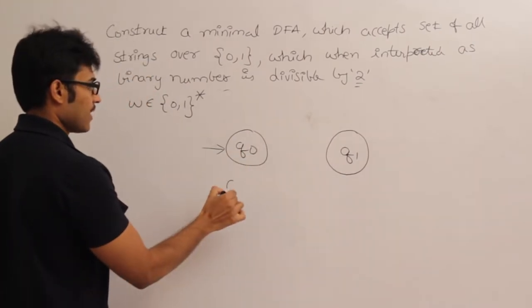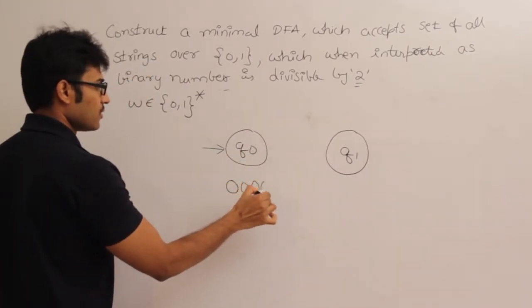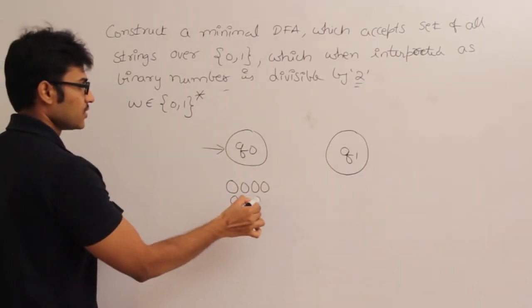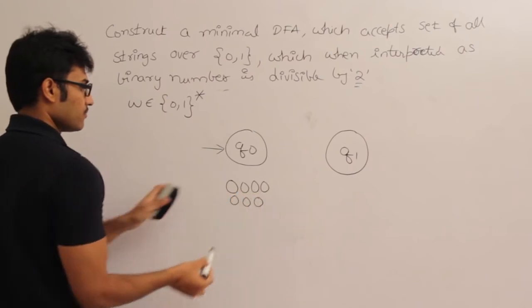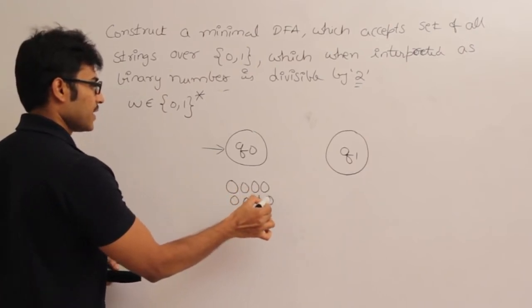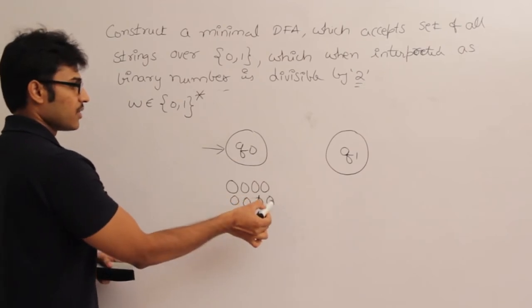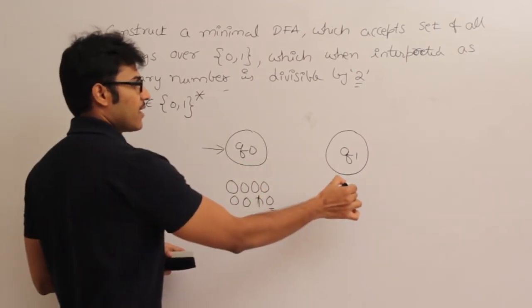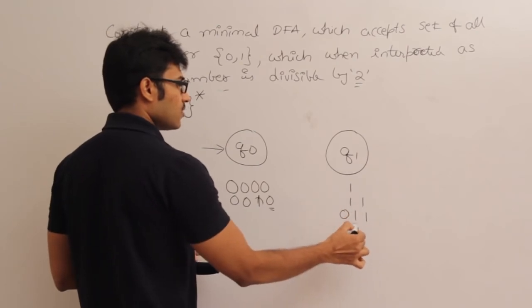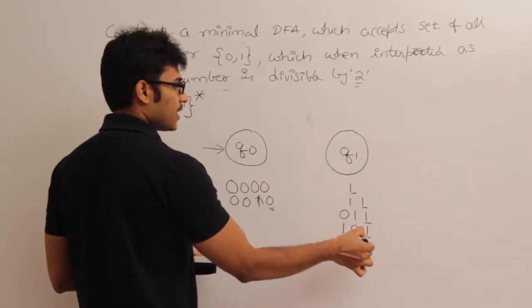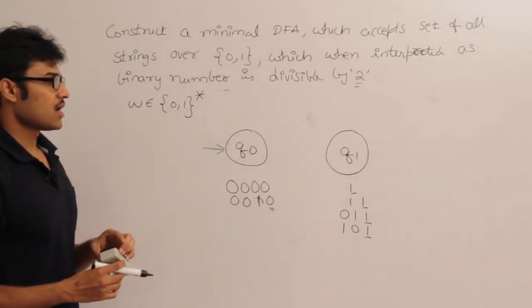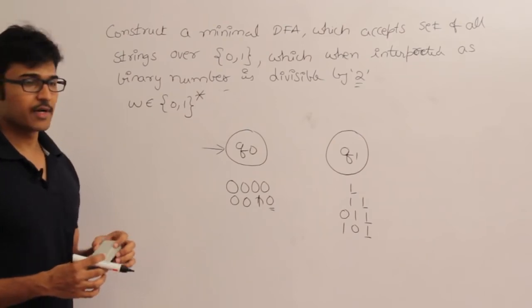For example, if I have 0 0 0 0, or 0 0 1 0, then it is going to be an even number. Why? Because it is ending with 0. If I have 1 or 1 1 or 0 1 1 or 1 0 1, they all end with 1, therefore they are going to generate a remainder of 1 when divided by 2.